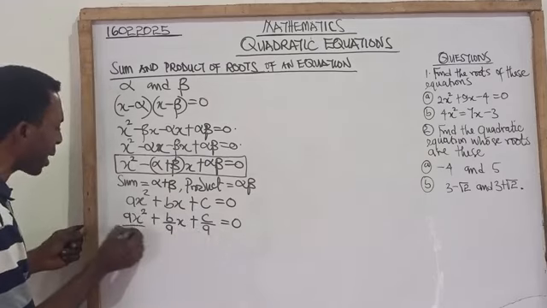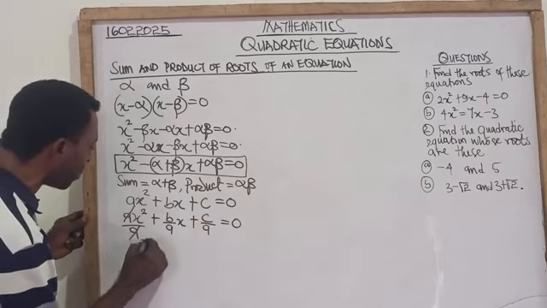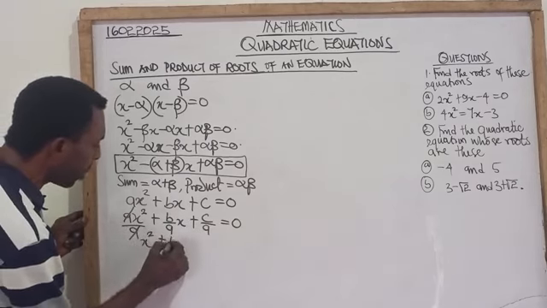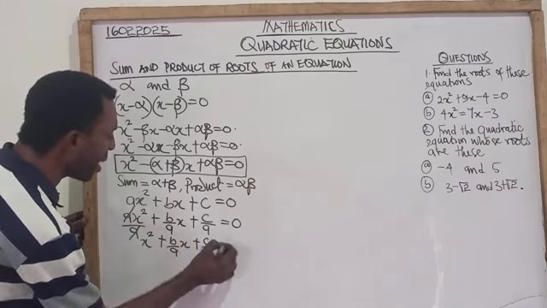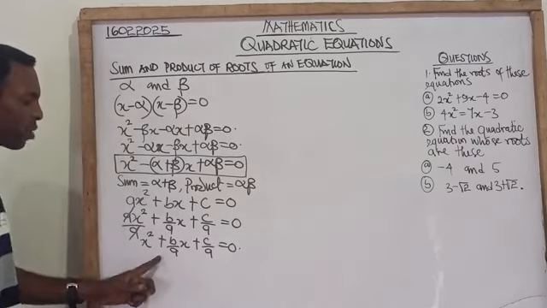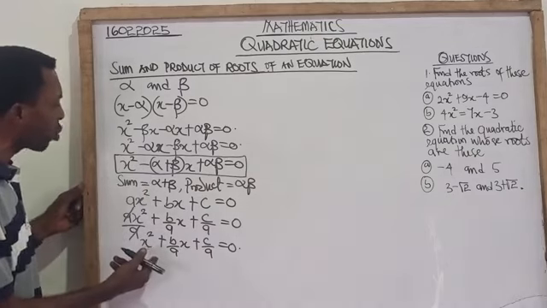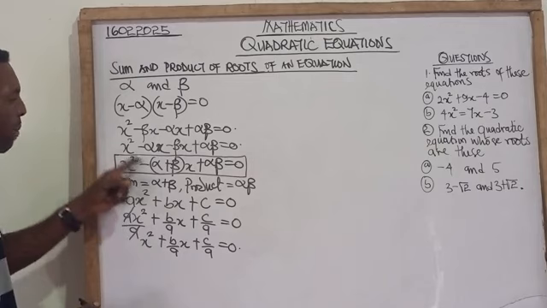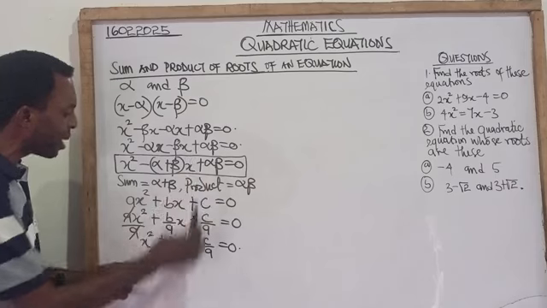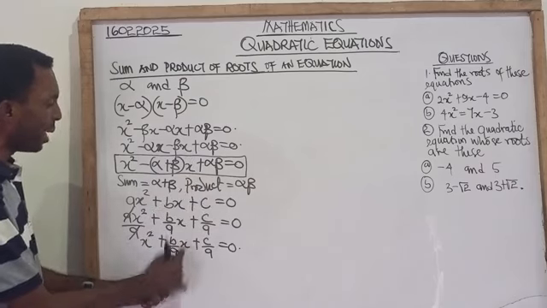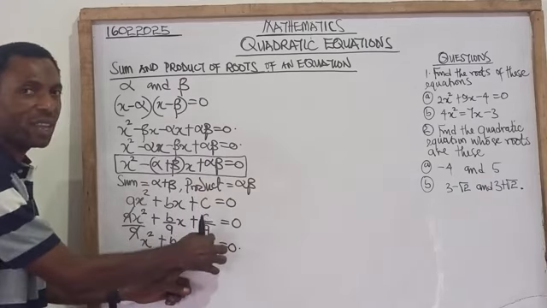So a cancels a, leaving x squared plus b over a x plus c over a equals 0. How can we relate this formula to the earlier one, which is x squared minus alpha plus beta x? That means alpha plus beta is b over a, with the x at the back, then plus alpha beta, which is c over a.